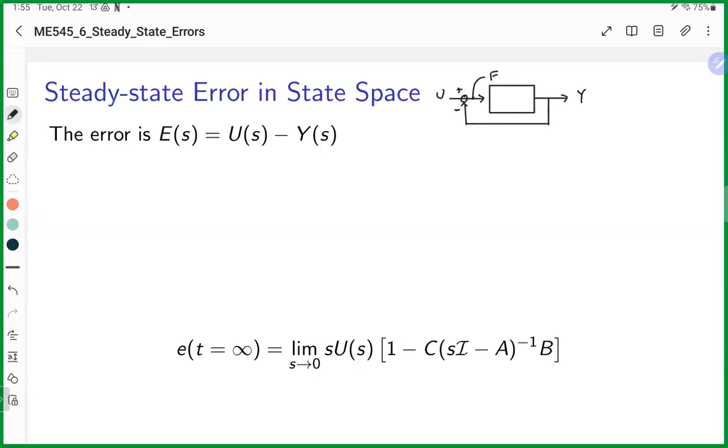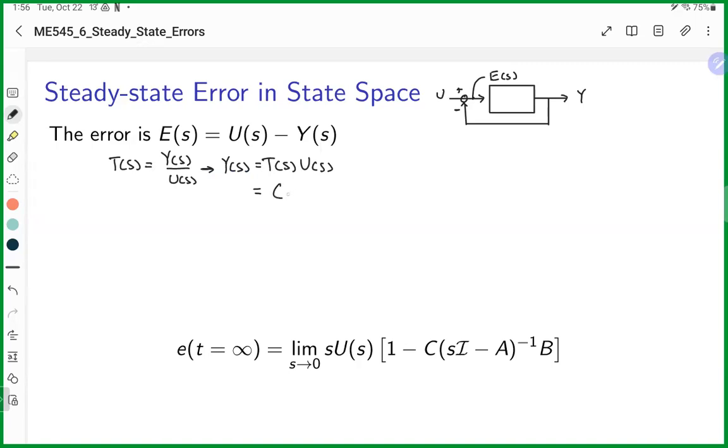And this is going to be our E of s. So we know from the transfer function definition that T of s is equal to Y of s divided by U of s. So then we get Y of s is equal to T of s multiplied by U of s.